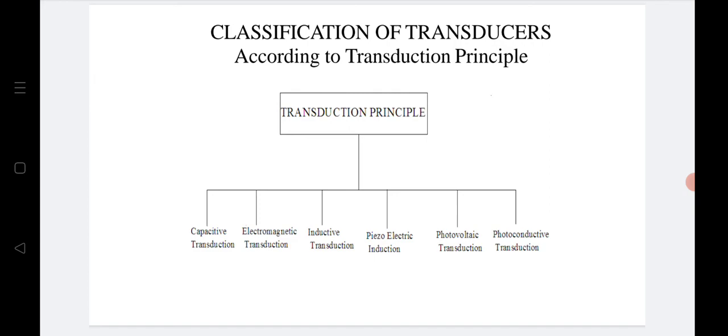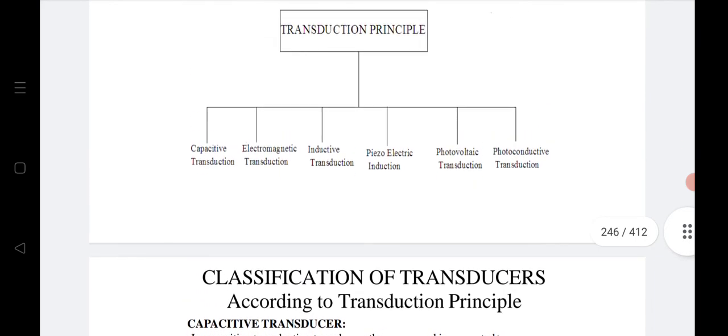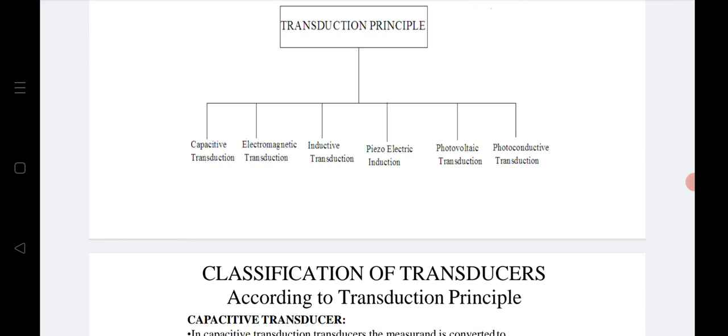Capacitive transduction is where the capacitance value is given by epsilon naught into epsilon r into A by D. It works on the capacitance principle. Electromagnetic is self-generating, where we get magnetic flux. Inductive is a change in the inductance value.